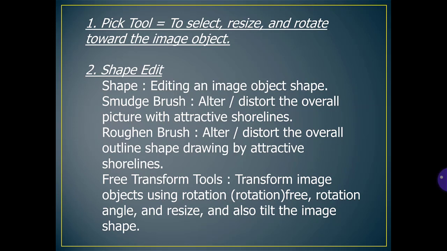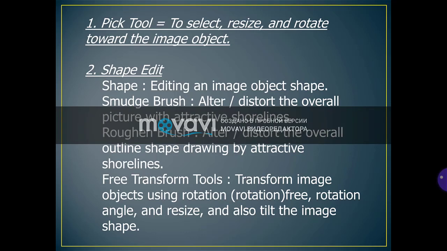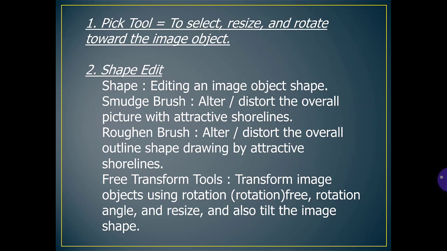Rough brush. Distort the overall outline shape of the drawing by attractive shorelines. Free transform tools. Transform image objects using free rotation, rotation angle, and resize, and also tilt the image shape.